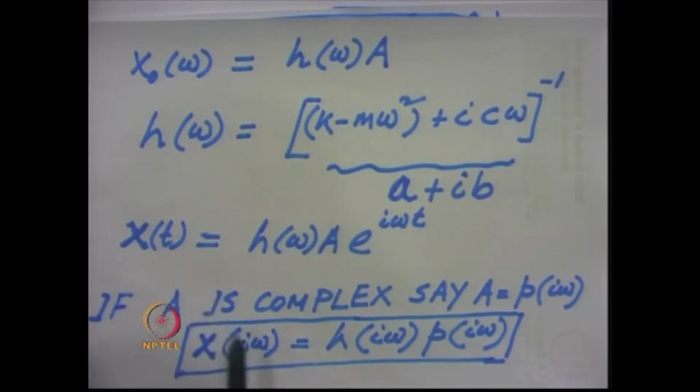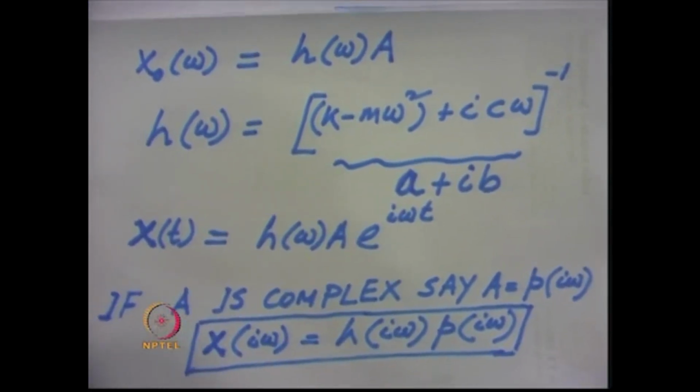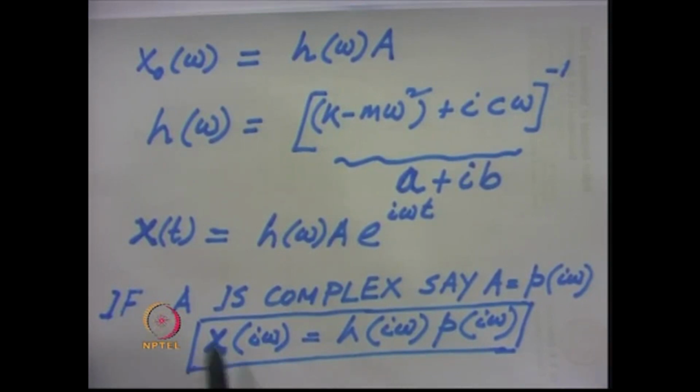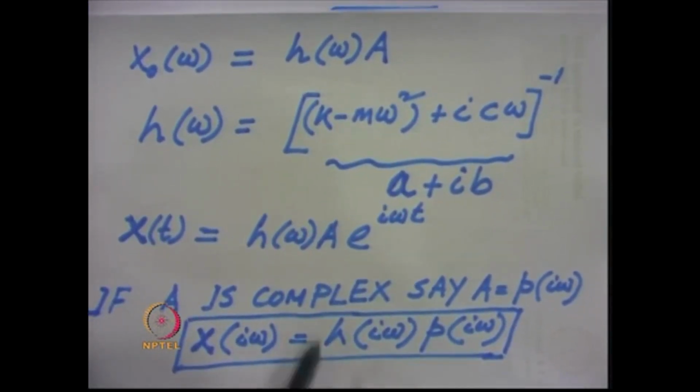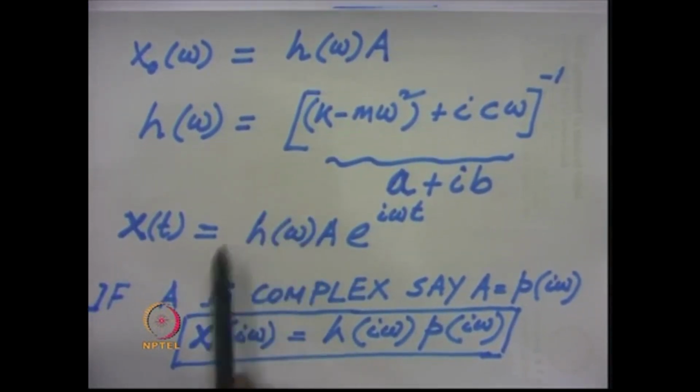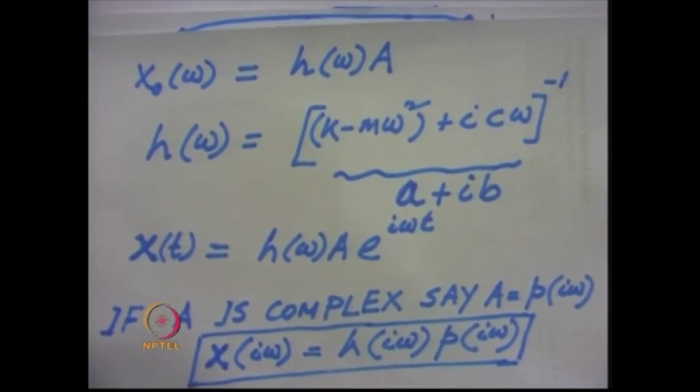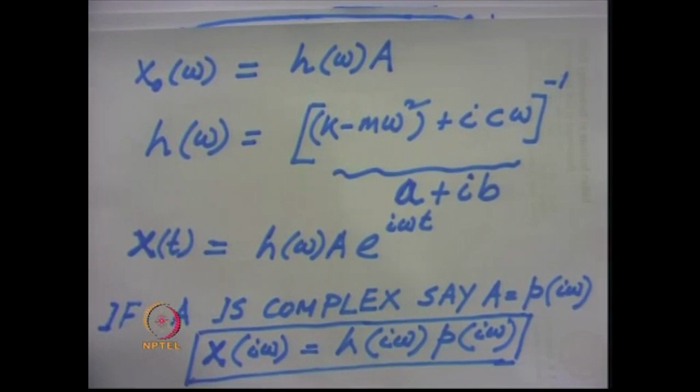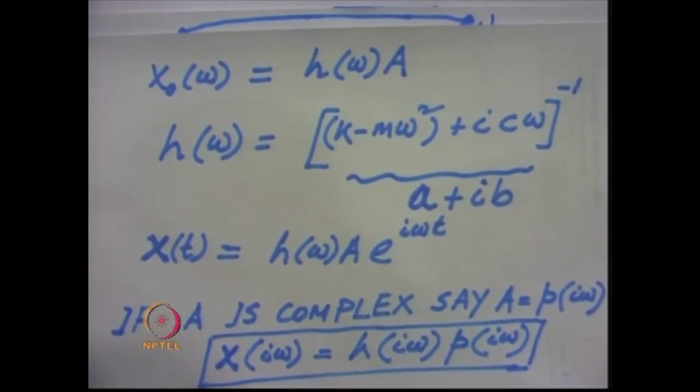So, the technique is that to get the value of response at time t, we first find out H omega, which is known as the complex frequency response function of the system, and once it is known, then one can obtain the value of the response by this equation.